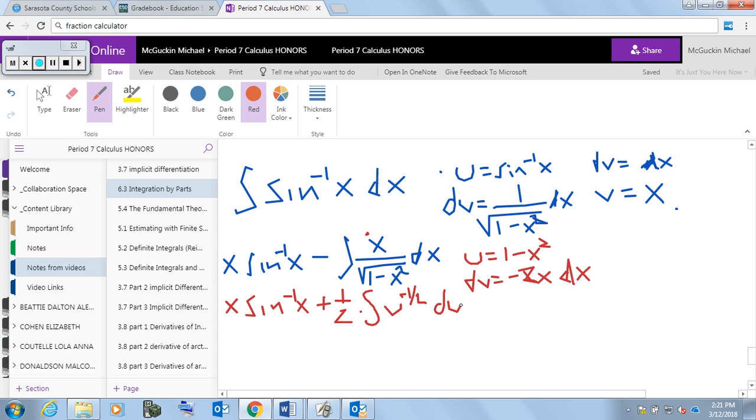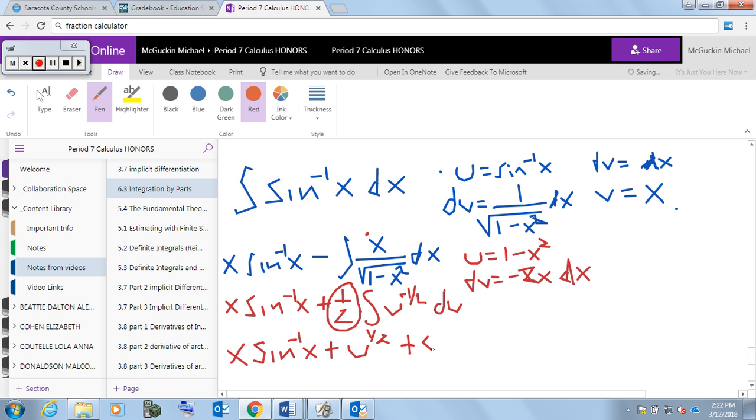When I divide by that 1/2, it cancels with the 1/2 out here. So we end up left with x times the sine inverse of x. The 1/2s cancel when I raise the power, and I'm left with plus u to the 1/2 power, plus c.